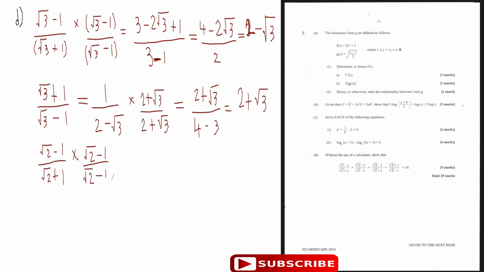When I multiply, the numerator becomes root 2 times root 2 is 2, minus 2 root 2, plus 1. Nice. Then in the denominator, I get the difference of squares, which is just 2 minus 1. And so all of this works out to just be 3 minus 2 root 2.